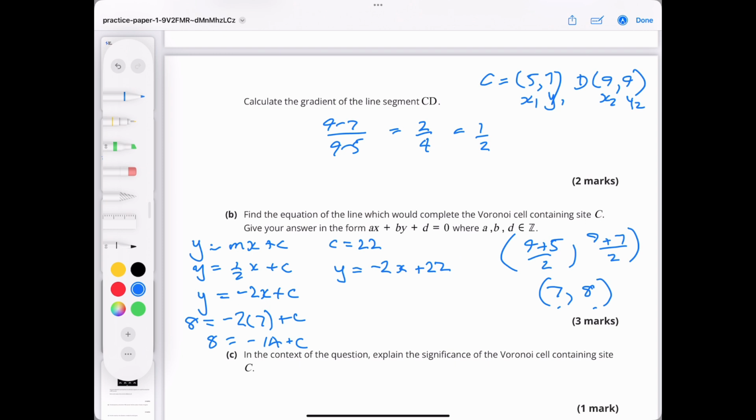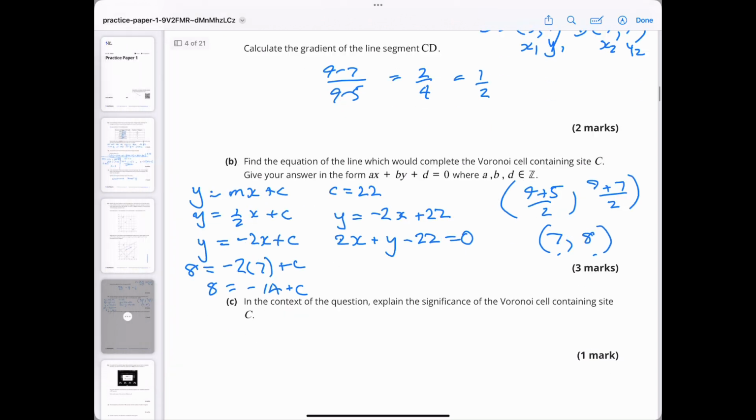And we want to swap everything to that side. So we'll say 2x plus y minus 22 equals 0. And that should tell us what the actual answer is. Perfect. Right, let's try the next one.